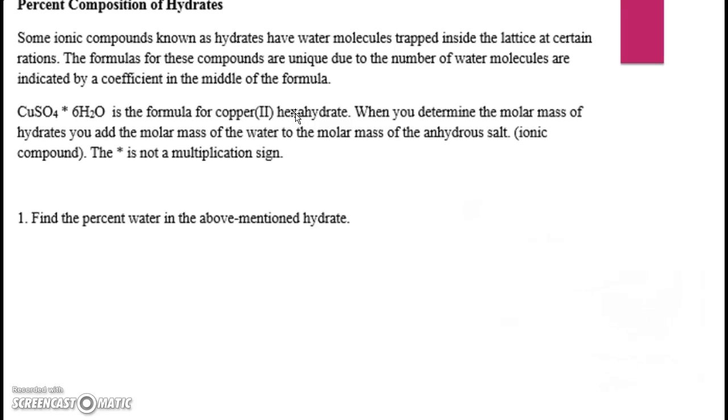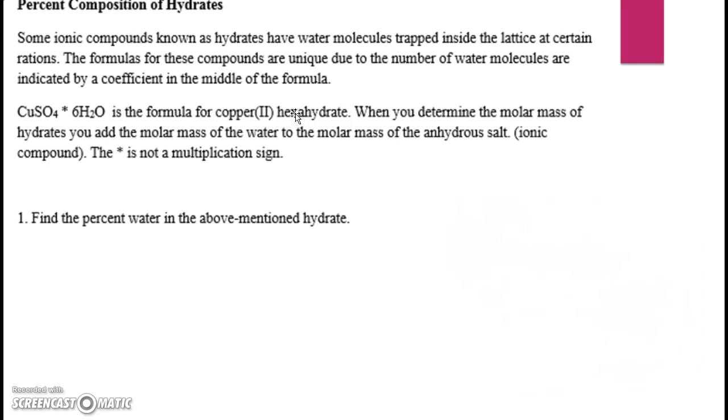And we're going to add 4 oxygens. Now, we have 6 water molecules here. The molar mass of water is 18, so I'm going to add 6 times 18 for 6 water molecules. If we add that all up, we're going to get 267.61 grams per mole. That's the molar mass of the whole entire hydrate.